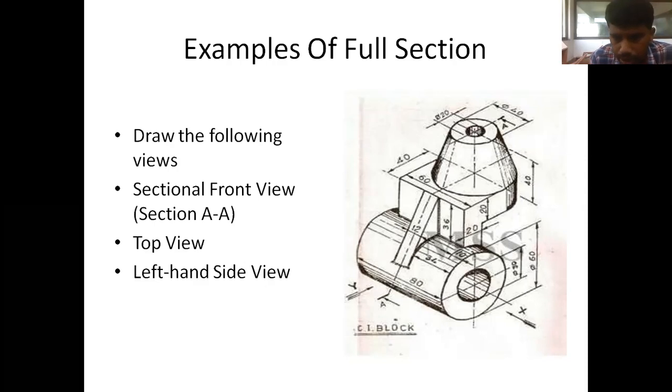Let's see these things. He has given the small hole diameter as 30 and the bigger one diameter as 60, and this width is 80 mm. From one end to the rib or wedge is 34 mm, and from here to here it is 10 mm. You can see this clearly in the figure.